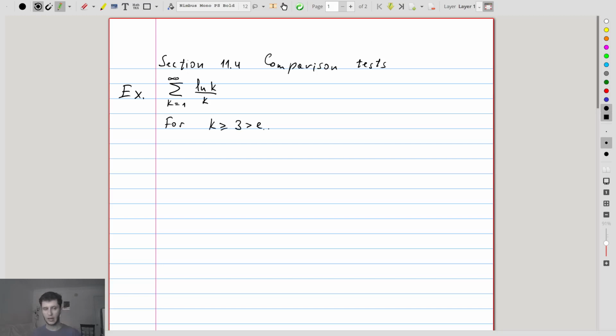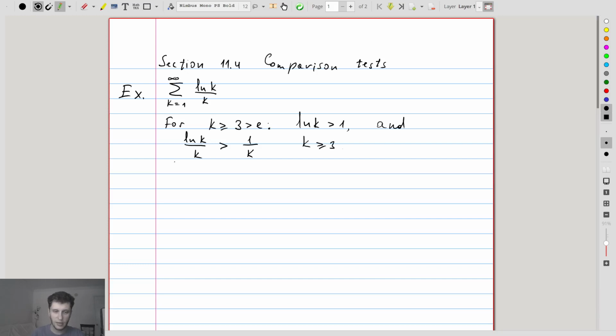So if k is at least 3, then log k is bigger than 1, and log k over k is bigger than 1 over k. Right? So this inequality holds for k at least 3.